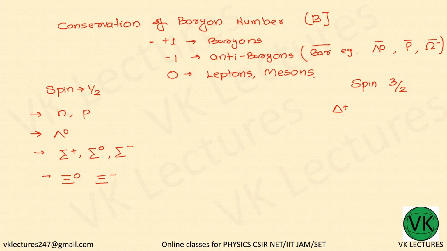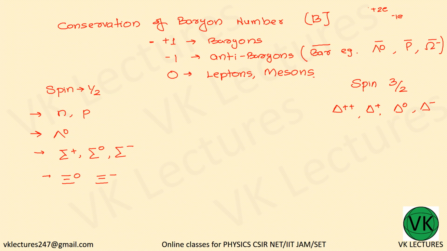Coming to spin 3 by 2 baryon, we have delta double plus, delta plus, delta naught and delta minus. This double plus, plus, naught and minus indicate the charge. Double plus means plus 2 electron, plus 2e, and naught means it is 0 charge. Delta minus means minus 1 e charge.